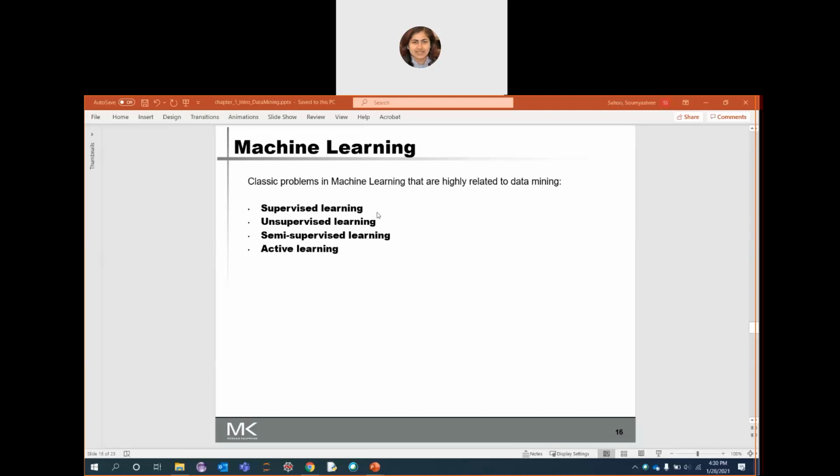Semi-supervised, I'll show you in the next slide what it is. Then comes active learning. We will see more examples about those in other chapters. We are just going through the basic concepts, their definitions. Active learning is a different type of approach which lets the users play an active role in the learning process.